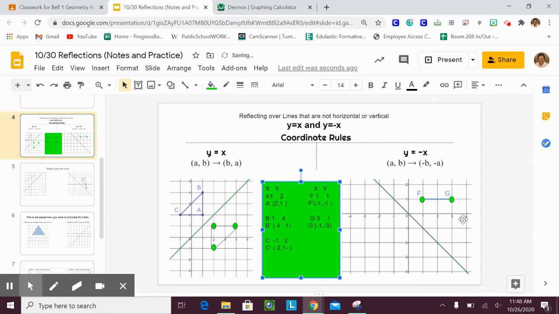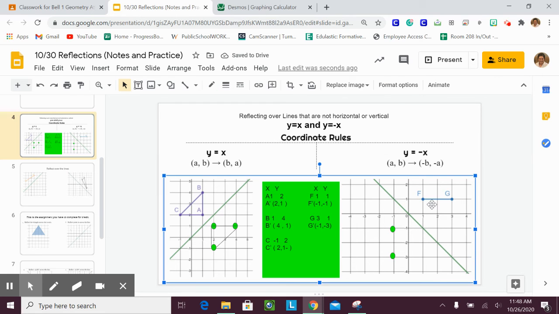My signs changed. So F moves to -1, -1, and G moves to -1, -3. And there is our new shape, or what we like to call the image. So F prime, G prime.